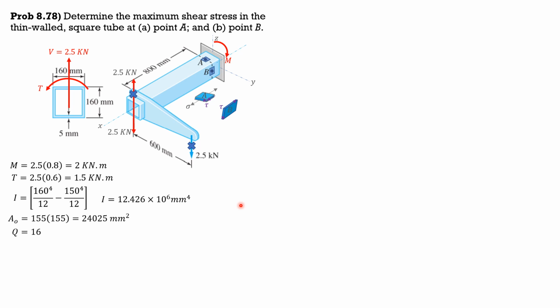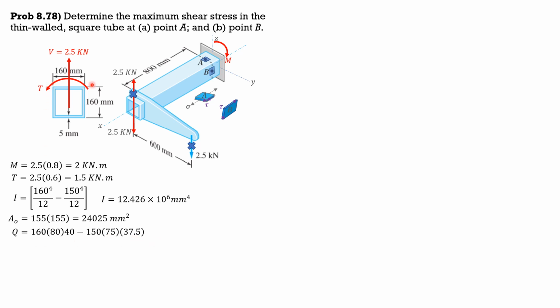So that's the reason. So for Q, the outer dimension is 160 by 80, half of 160 is 80, then half of 80 is 40. Then the dimension inside would be 150 by 150. So half is 75, then the distance of the centroid of the area to the neutral axis is half of 75, 37.5.